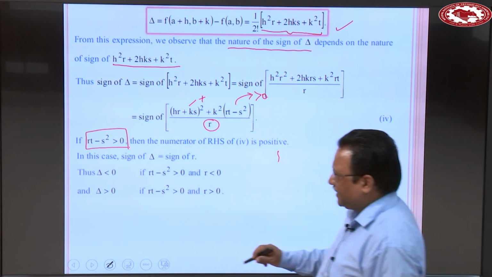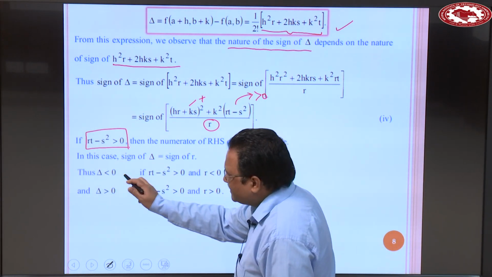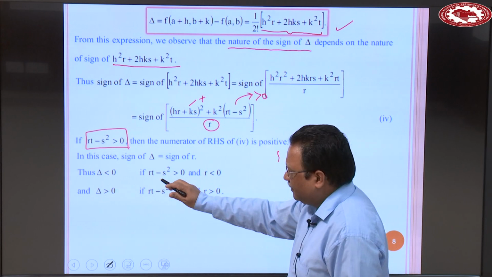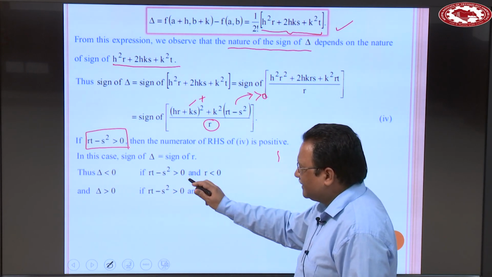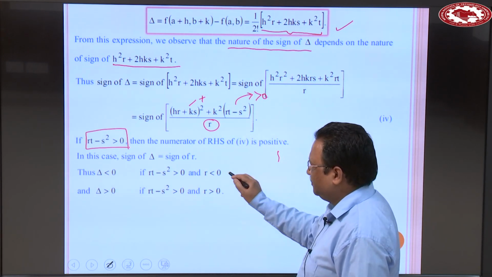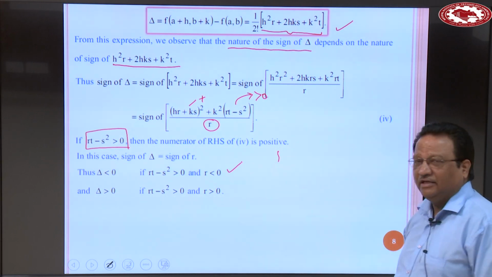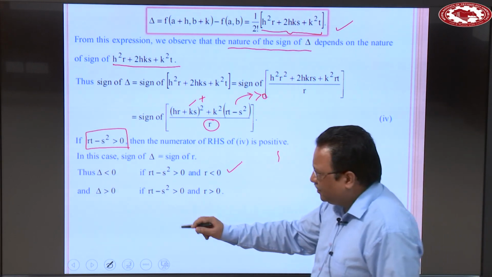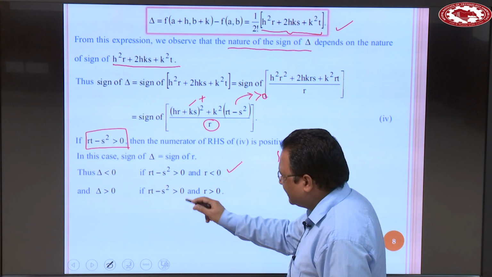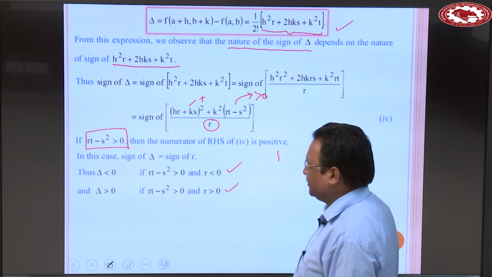So, this means that del is less than 0 if r t minus s square is greater than 0 and r is less than 0, and del is greater than 0 if r t minus s square is greater than 0 and r is greater than 0.